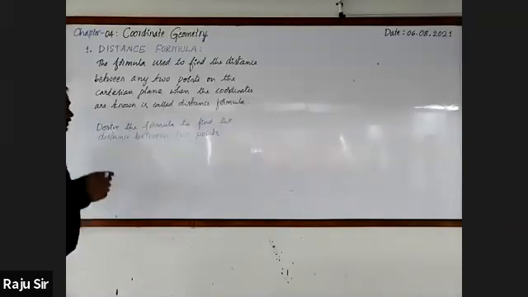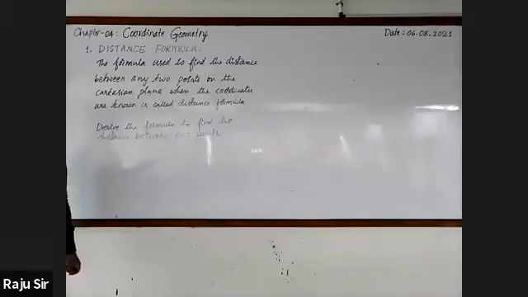So let us assume the 2 points. What are those 2 points? One is x1, y1 and the second one is x2, y2.